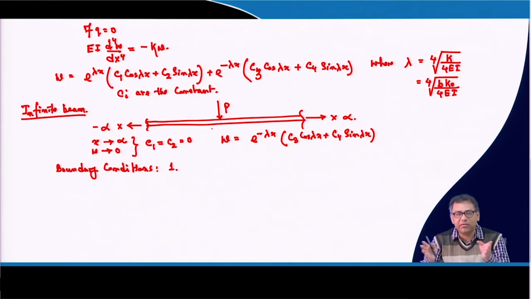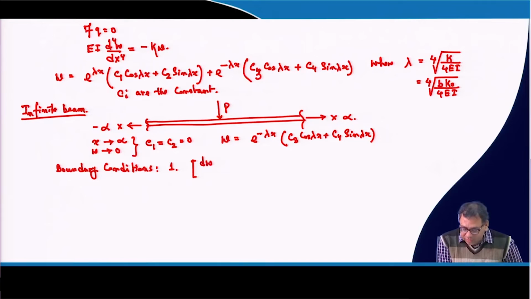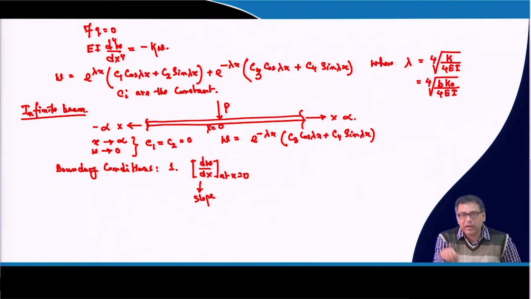Now, because the beam is infinite, whatever location you place the load P, it will be the center point of the beam, and that means it is symmetric. So with the symmetric condition the slope will be 0. I can write the slope dw/dx at x equal to 0, because this is where the load is acting, will be equal to 0.